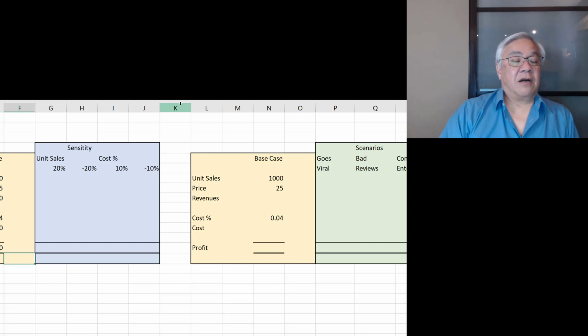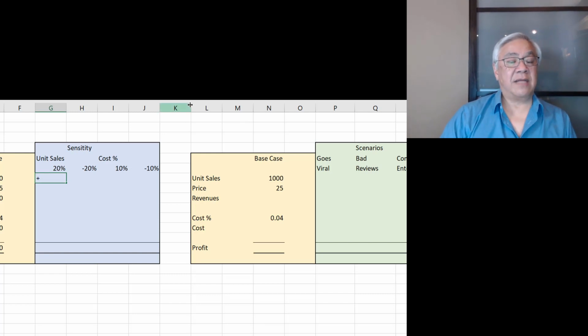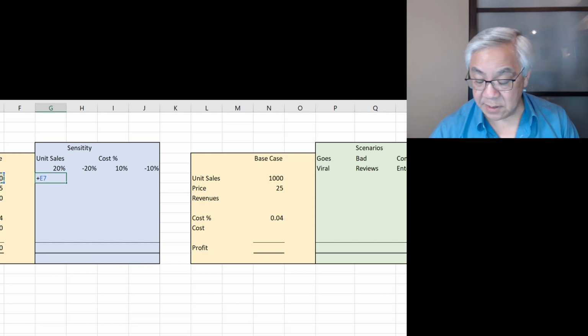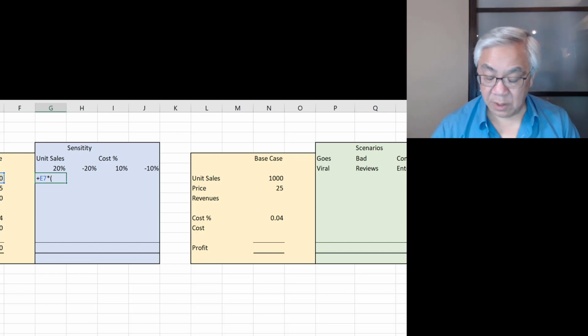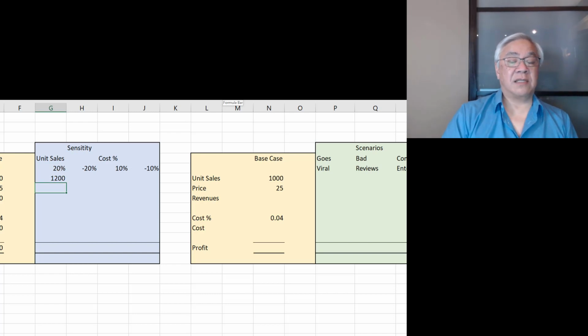All right, so that's our base case. And we say, well, let's see how sensitive things are. What if our unit sales are off and go up by 20%? So that is equal to the sales times, open parens, 1 plus 20%. So our sales are 1,200, right?